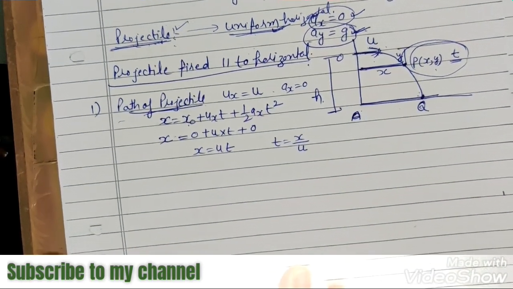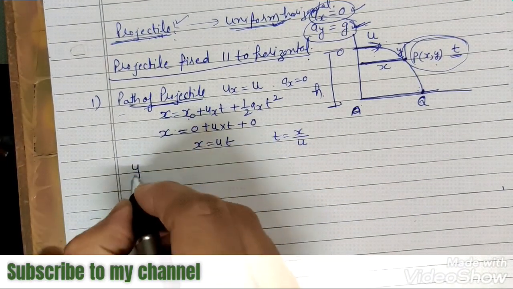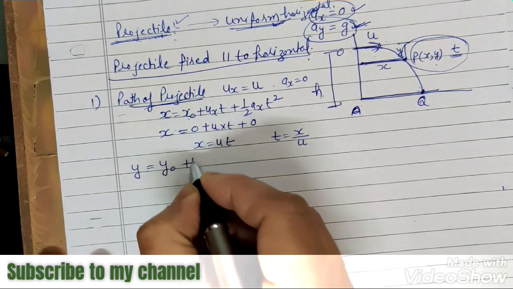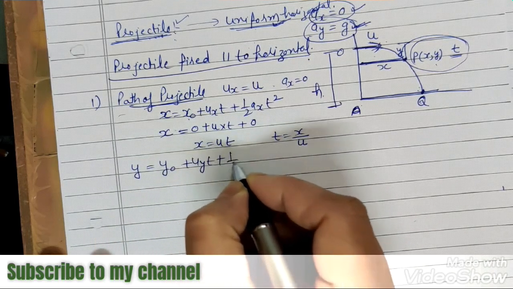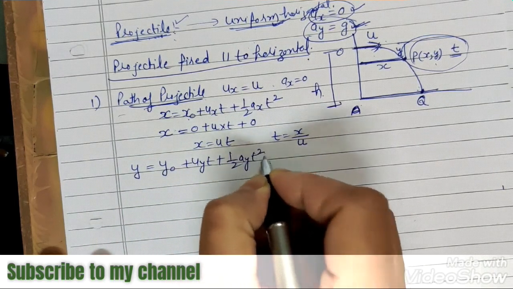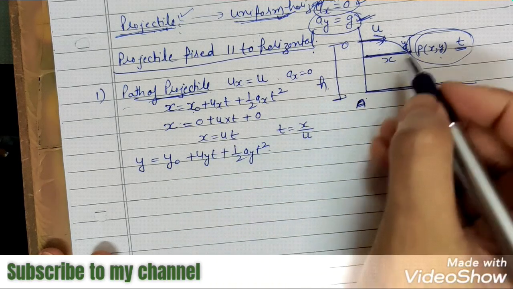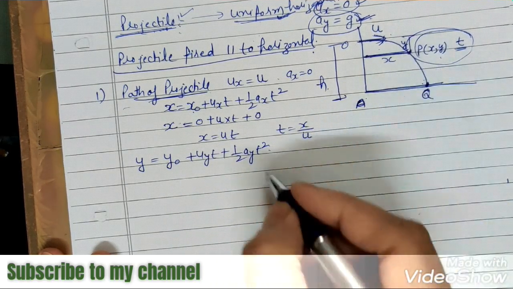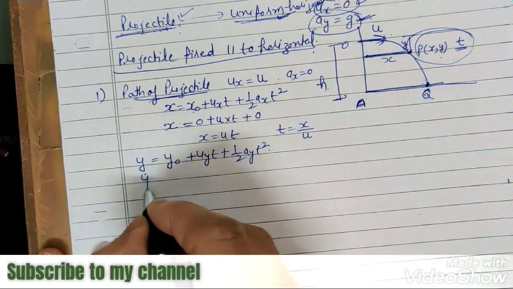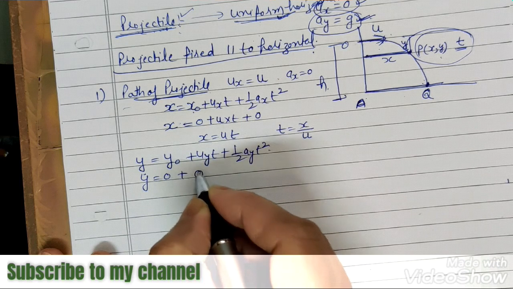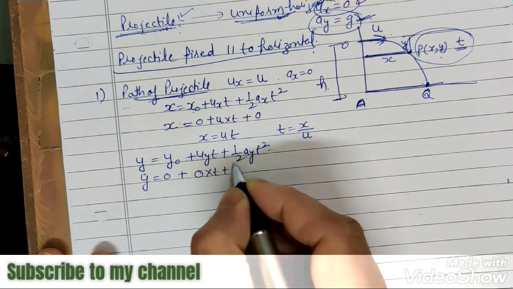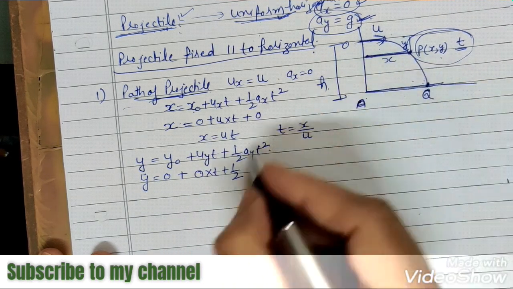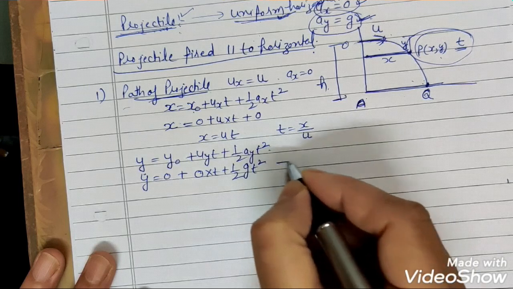Now along the vertical, the equation is y = uyt + half ayt square. At this point this is the displacement y. y0 is 0, there is no vertical velocity, so uy t is 0. But under gravity, the acceleration term is half gt square.